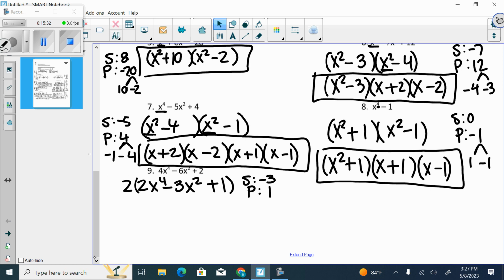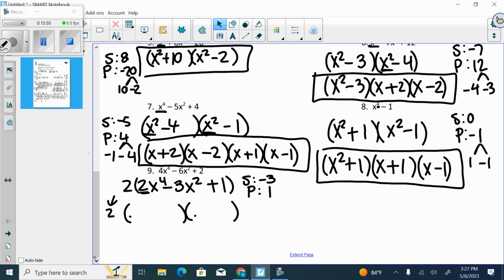All right, but this time, in front of the x to the 4th, is it just a secret 1? No. So, remember we bring down our GCF. I make my 2 parentheses, but instead of just putting x and x, it has to be something that multiplies to give us 2x to the 4th. So what multiplies to give us 2? 2 and 1.